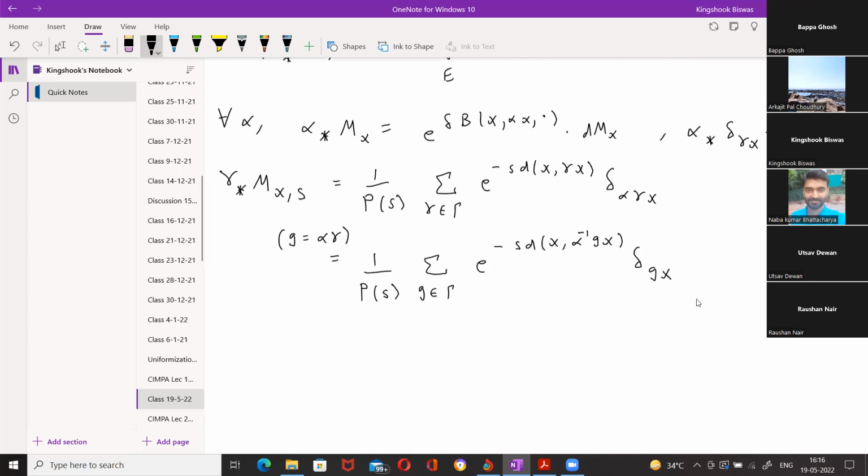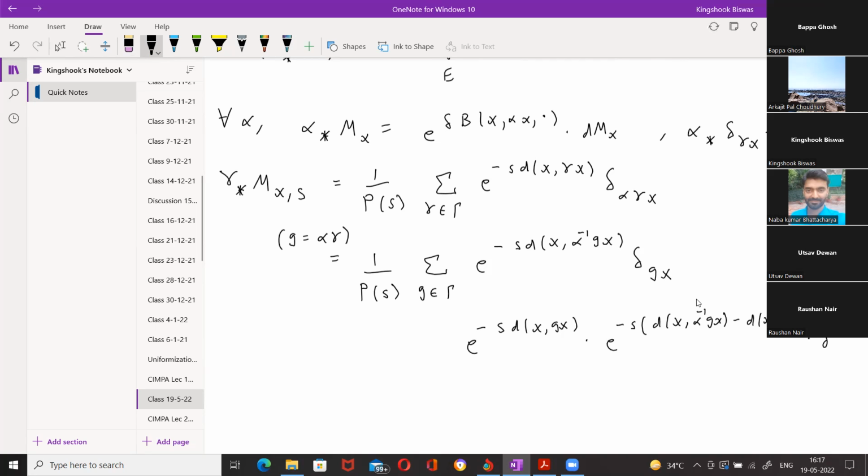What I do is I write this as e to the minus s distance(x, gx), into e to the minus s times [distance(x, alpha inverse gx) minus distance(x, gx)].